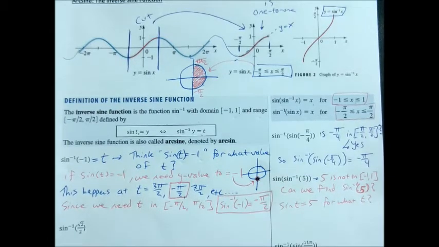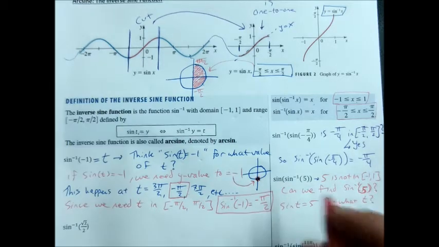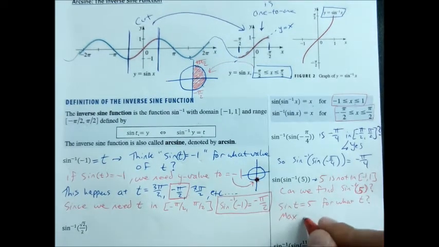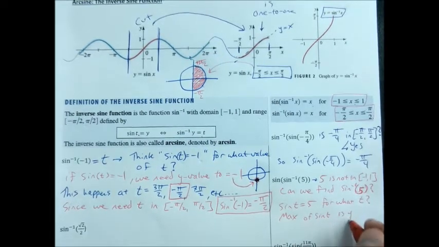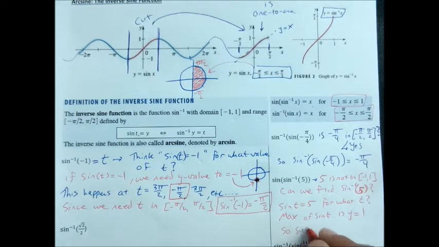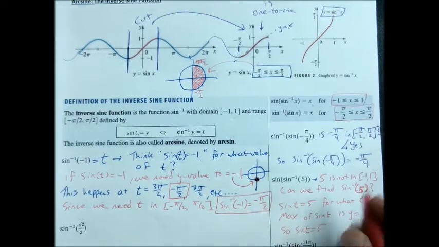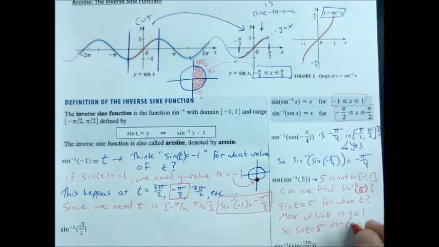Nothing. You can't get a 5 out of sine, because what's the biggest sine ever gets? 1. So the max of sine is y equals 1. And so that's why this problem fails.